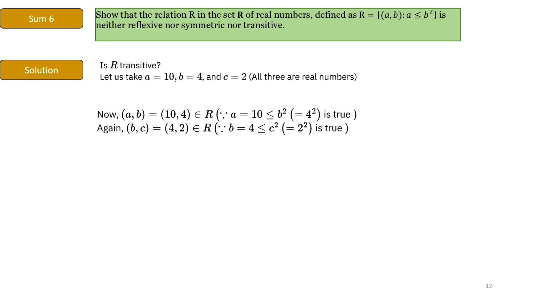If we take a equals 10 and b equals 4, then (a, b) is in R as b² is greater than or equal to a. If we take c equals 2, then (b, c) is in R as c² is greater than or equal to b. However, (a, c), which is (10, 2), is not in R as c² is not greater than or equal to a. Hence, R is not transitive.